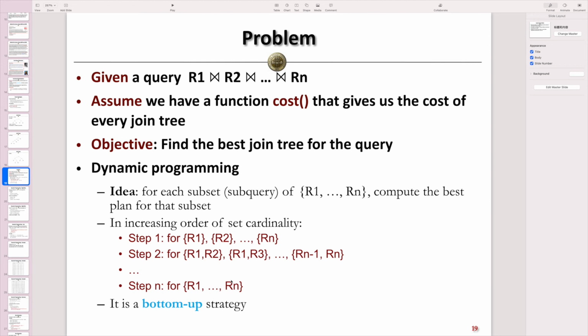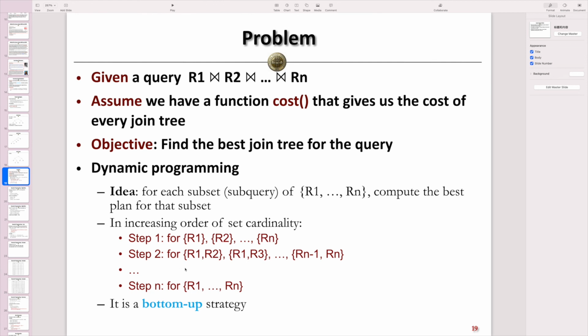You can see that in this way, we can not only find the optimal plan for all n relations, we can also find the best way for computing the joins of any subset of the relations at the same time. Because we keep records of the process, for all the intermediate results we have the costs for computing their joins.